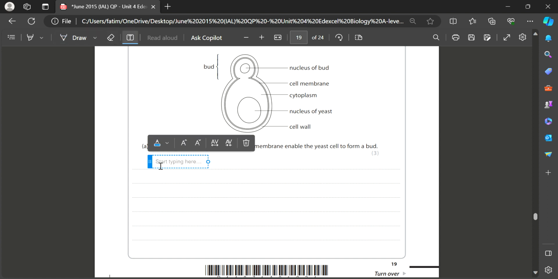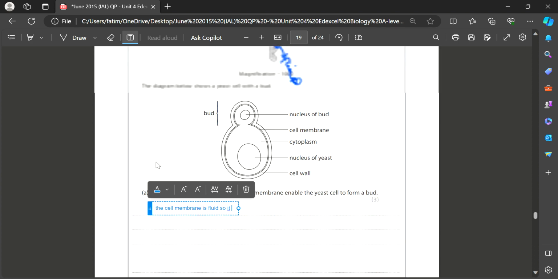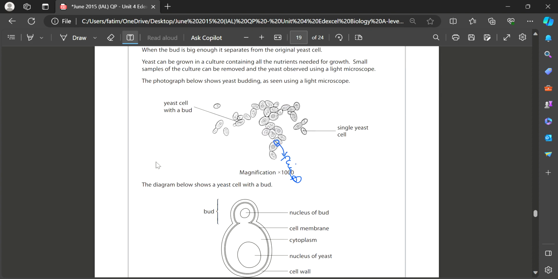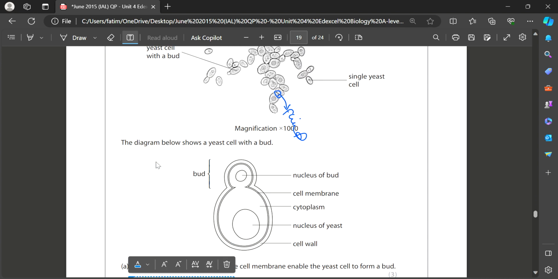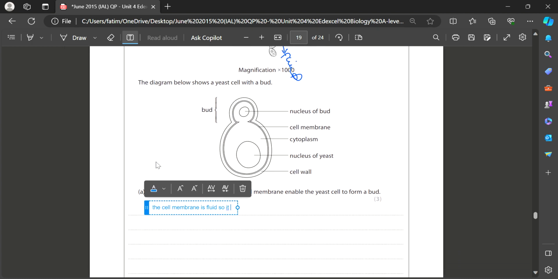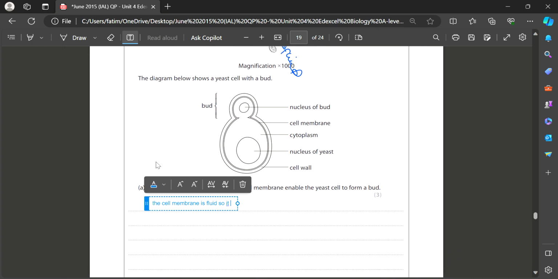So I would say the cell membrane is fluid. This question is, though, I don't think we've actually studied that much about yeast cells, so we have to definitely make it up over here. We need to look at it carefully to be able to tell, because I don't think the knowledge about it was given to us beforehand. So it can change shape to multiply and bud.